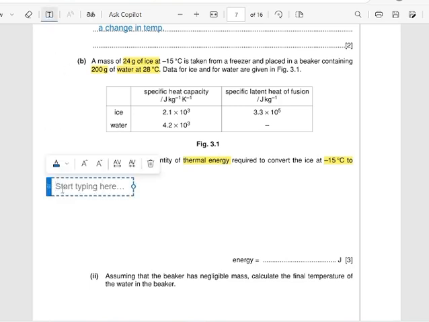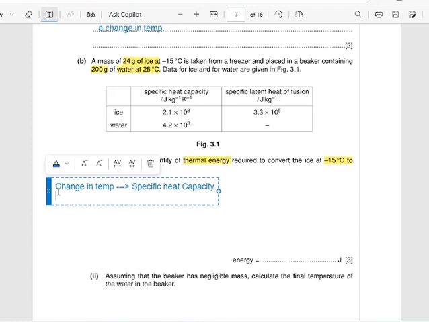One thing that is very important when you're solving questions of thermal physics: when there is a change in temperature, that is always related to the specific heat capacity, which is Q is equal to mc delta theta.